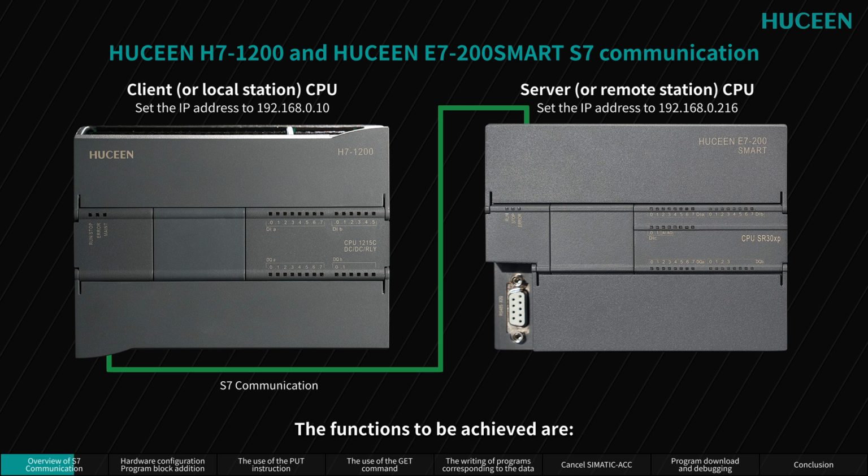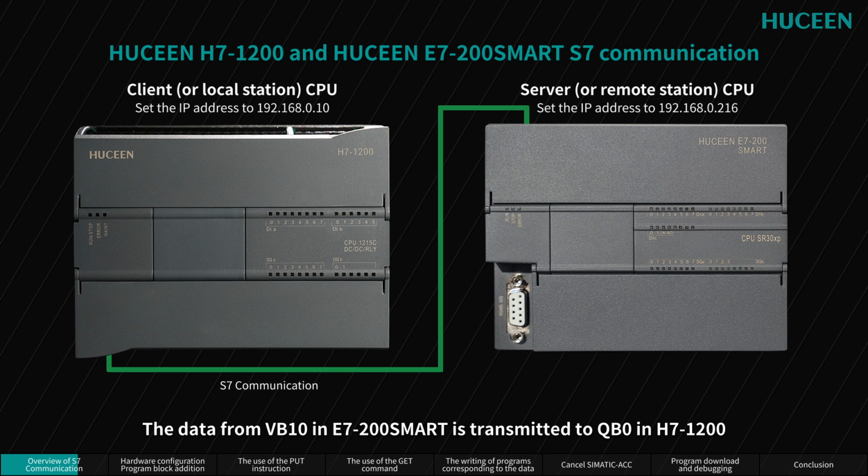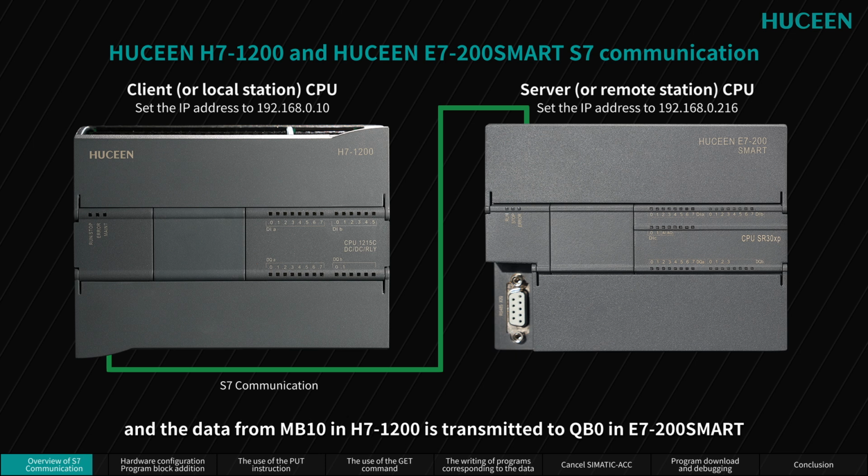The functions to be achieved are: the data from VB10 in E7-200SMART is transmitted to QB0 in H7-1200, and the data from MB10 in H7-1200 is transmitted to QB0 in E7-200SMART.